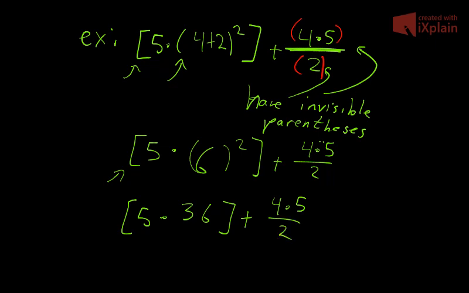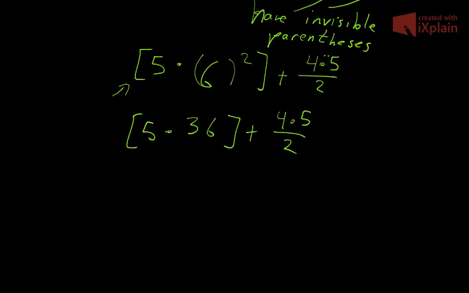And of course, we do exponents before multiplication, because that's our order of operations. I only have 5 times 36, and that's going to give me 180. And I'm going to add to 180 my 4 times 5 over 2. So before I do anything else with the fraction, I'm going to pretend that this has parentheses on it, like I was saying.